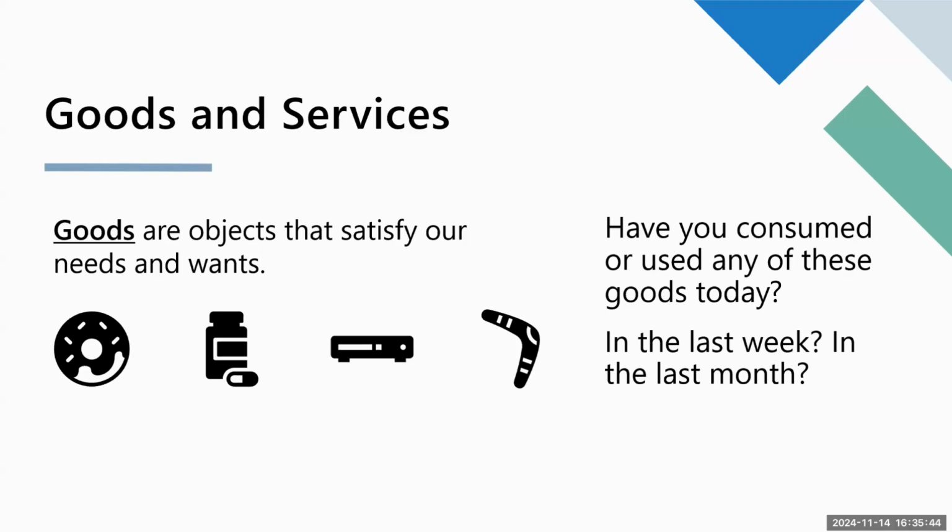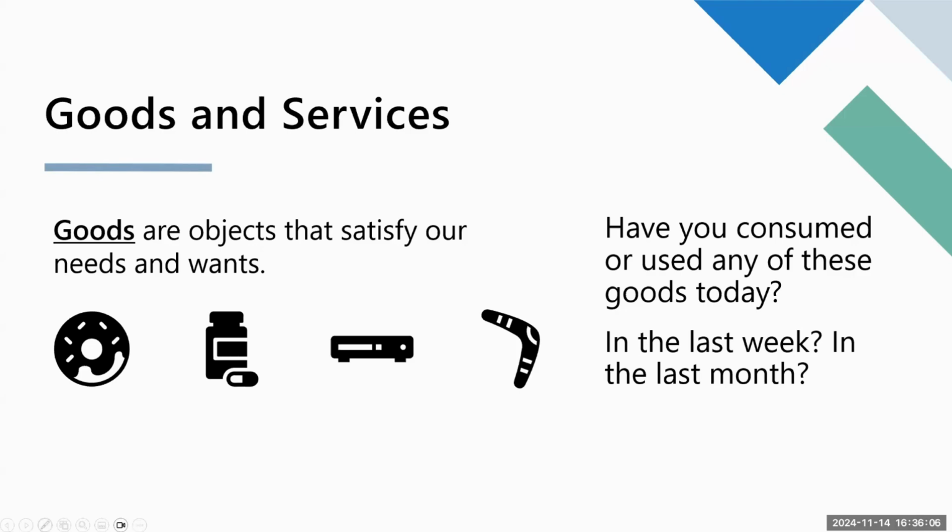But the boomerang is one that I'm not sure anyone would ever have used, right? That doesn't mean it's not a good, depending on how young your kids are. It's a common good where, stereotypically, we would see it in Australia. So just a little note, some cultural relevance.